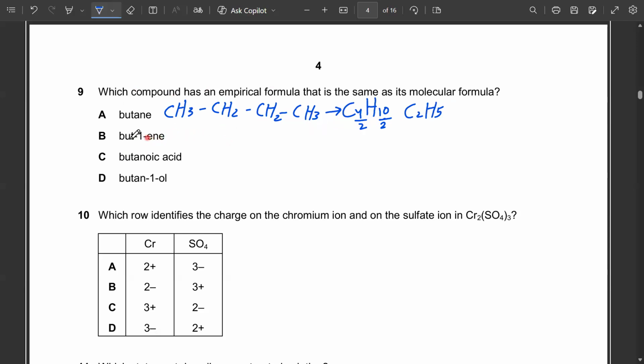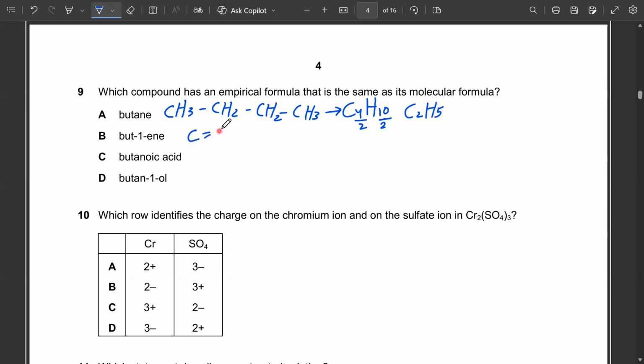Then the next part, which is B. In B, we have but-1-ene. For this case, you will again need to draw its structure. Ene means it's an alkene, and position 1 indicates a double bond between carbon 1 and carbon 2.